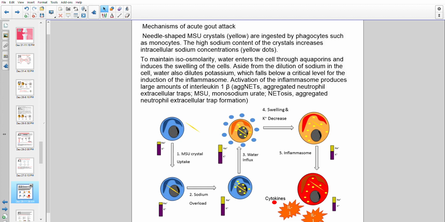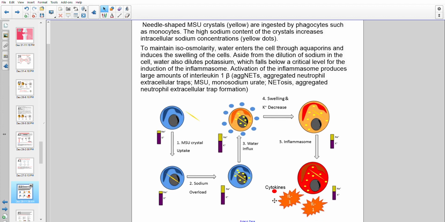I won't go into the details of that. As the sodium concentration increases, the potassium concentration decreases, and that decrease in potassium concentration is also a stimulant to produce the inflammasomes. And the inflammasomes then start producing the cytokines in and out.